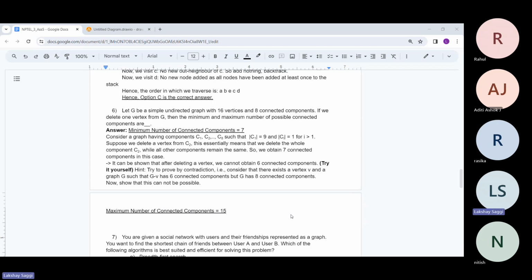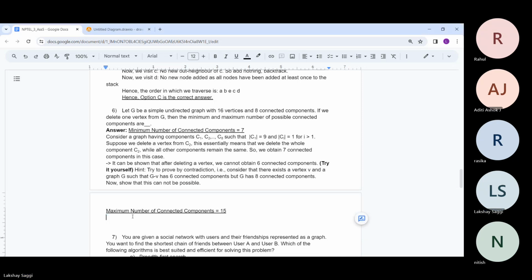First of all, let's try to show this. Rahul, or anyone else, would you like to answer in chat? What I'm asking is, why will there not exist any example which can have 16 components after deleting v from G? Yes, Rahul, you're actually correct. Rahul is saying that this is because there were only 16 vertices initially.